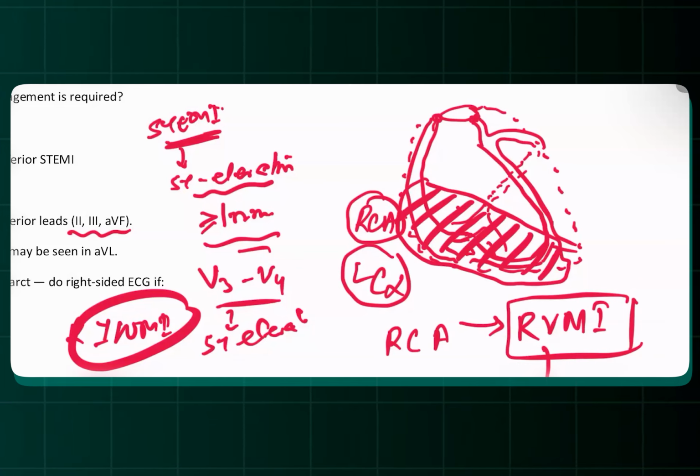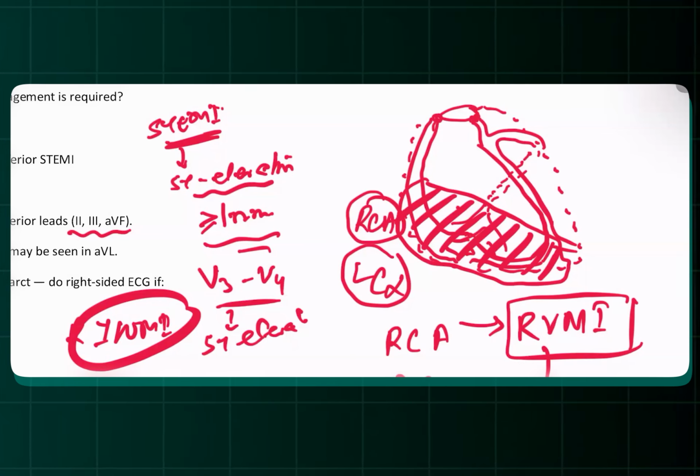Conduction blocks are present. Yeah, that has always been there. The right coronary artery supplies the AV node, so AV block. We all know this. But then IABP is not an option.